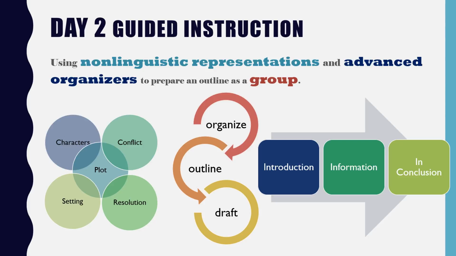Using non-linguistic representations, students will be able to understand how characters, conflict, setting, resolution all relate to the plot of a novel. They will understand how to organize, how to outline, and how to take all that information and form a draft. And they will understand the 3 crucial parts of an essay: introduction, information, and conclusion.